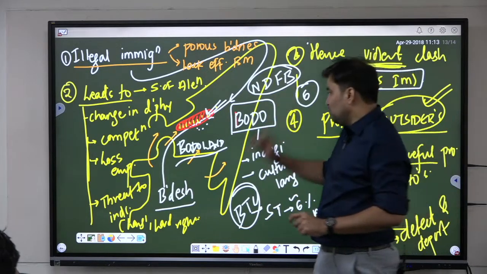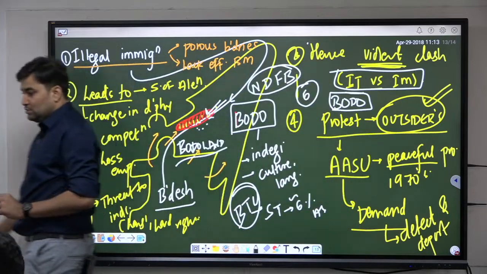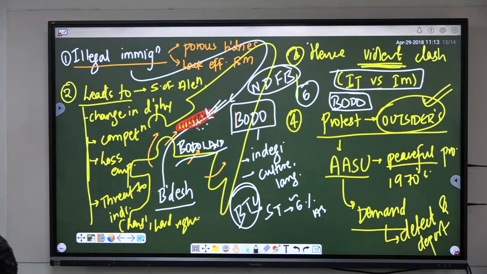Is it clear? You write Bodo issue. Bodos are the indigenous tribes living in the fertile Brahmaputra plain.